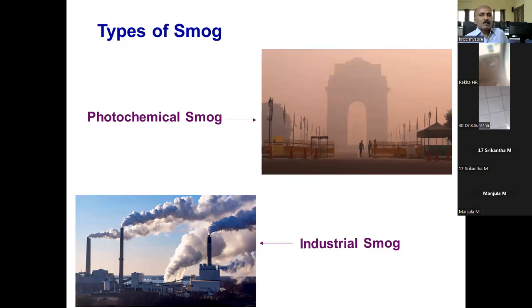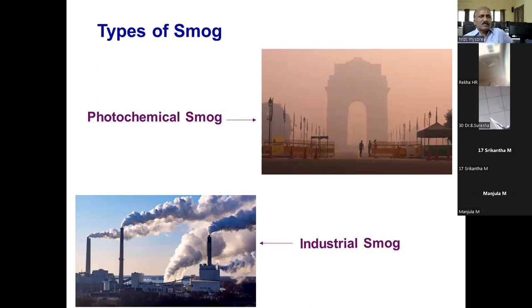Photochemical smog is formed when the smoke combines with the fog, during which there is a chemical reaction in the presence of light. The term photo refers to light. A chemical reaction takes place during the reaction of the smoke and the fog, and that is why it is called photochemical smog. So it reduces the visibility.